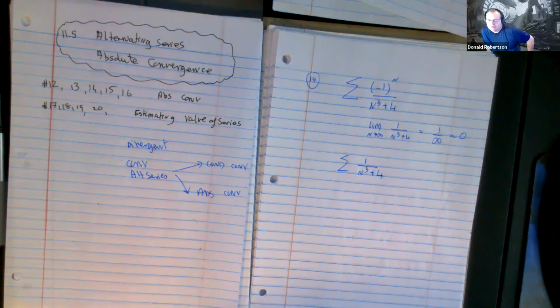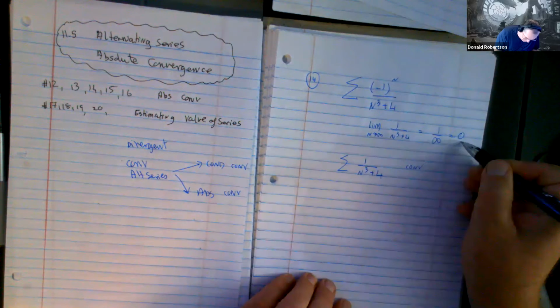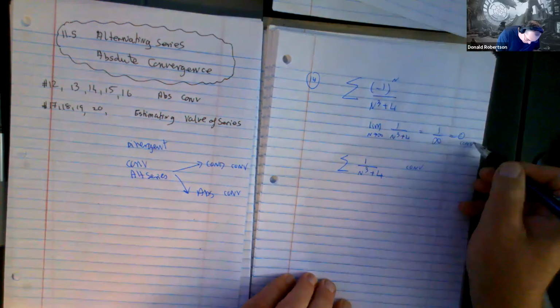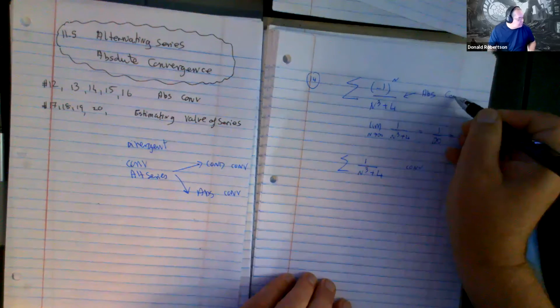It does. Isn't it to compare it to a 1 over n cubed? Do a comparison test on it. And so since this converges as well, the original series is absolutely convergent.